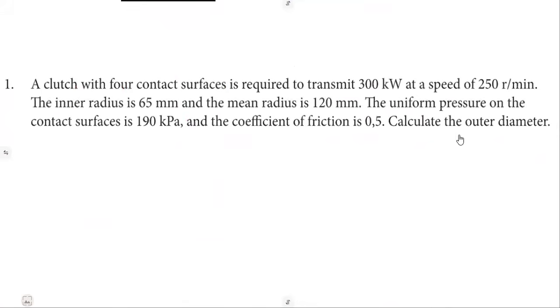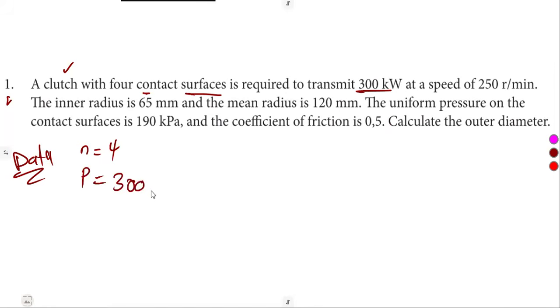All right. So the first question that we are given here is a clutch with 4 contact surfaces. So we are given the number of contact surfaces, in this case n, which is 4. The number of pair surfaces is required to transmit 300 kilowatts. That is the power, 300 kilowatts.